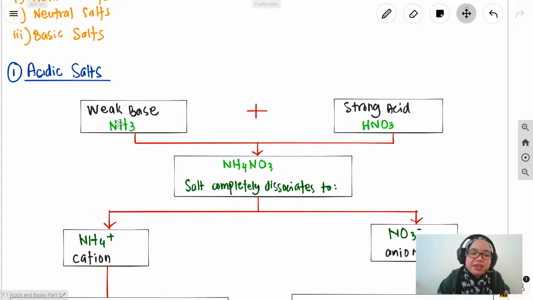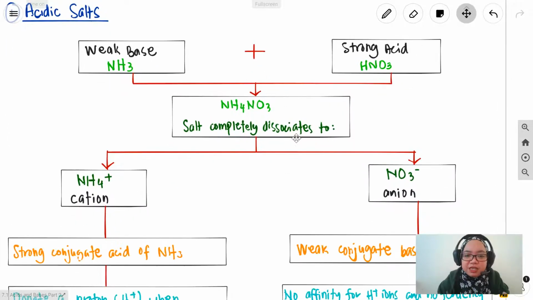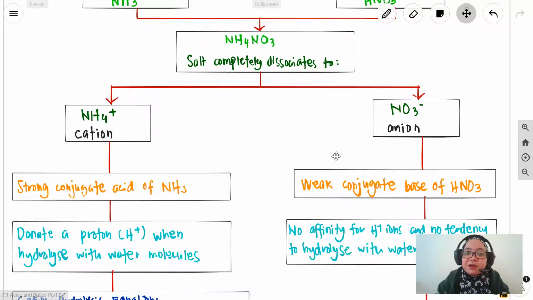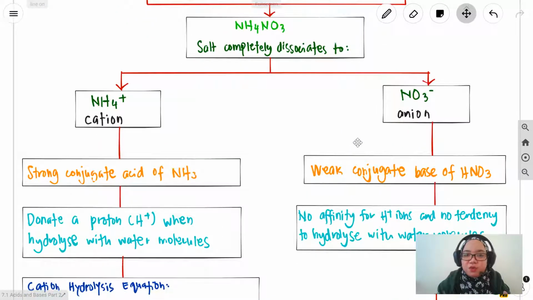Okay, so we have an example here. The weak base is NH3 and the strong acid is HNO3. When this weak base and strong acid undergo neutralization, they will form NH4NO3 salt and water. This salt will completely dissociate into NH4+ cation and NO3- anion, and this cation and anion will undergo hydrolysis with water.